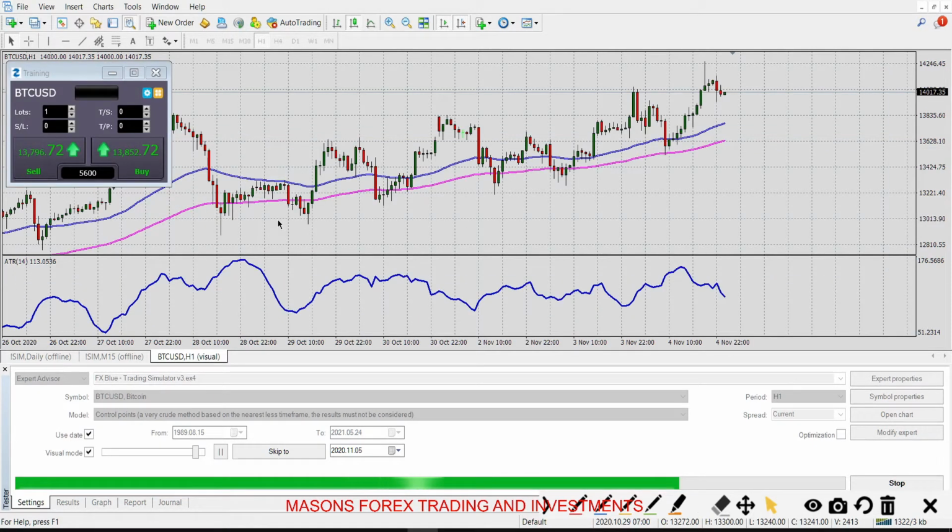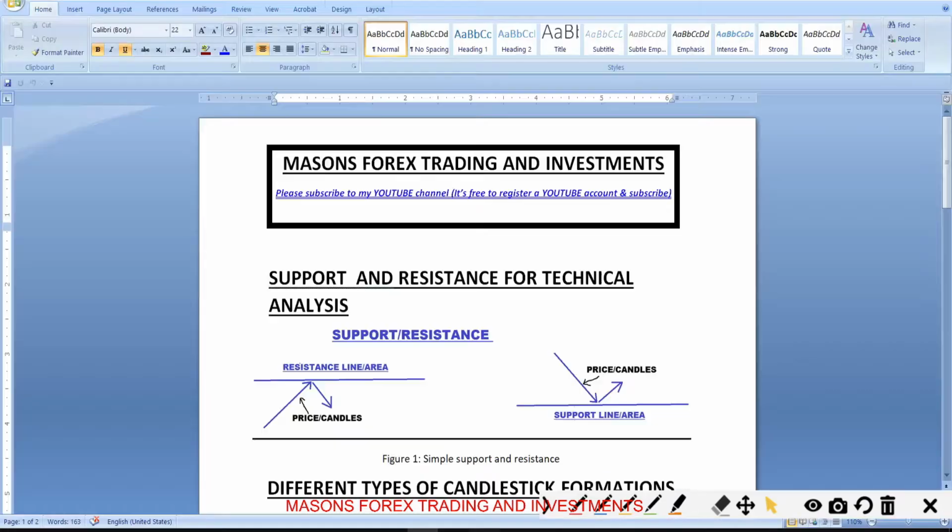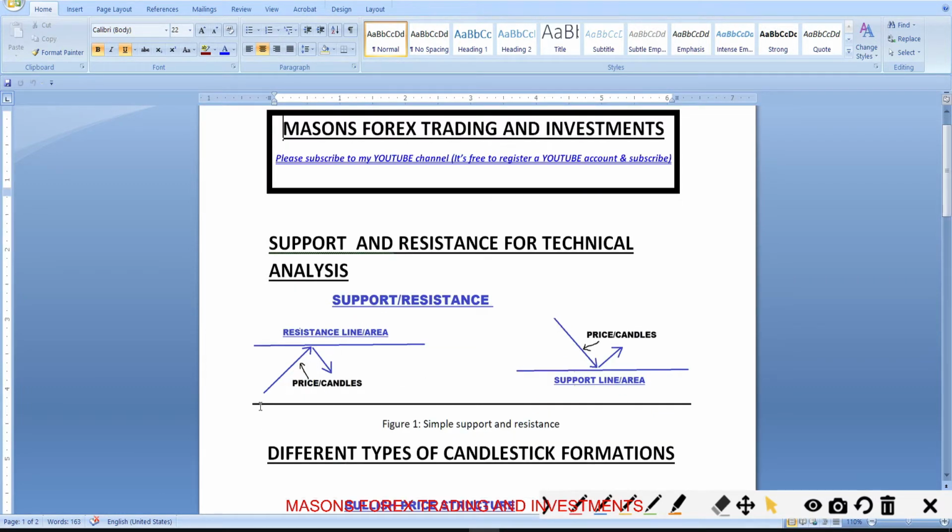I already have the simulator in place. It's already working. Let us look at the support and resistance for technical analysis. As price reaches the resistance level, there's an expectation for price to move away. And for the support level, as price comes to this level, there's also an expectation for price to move away.